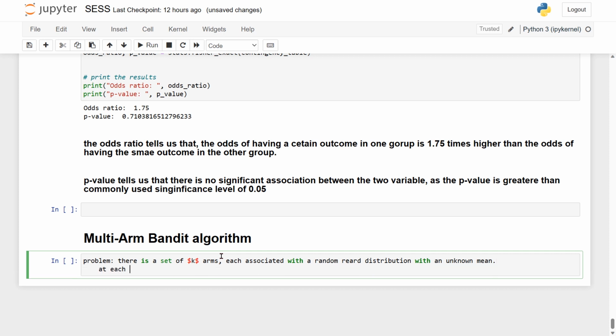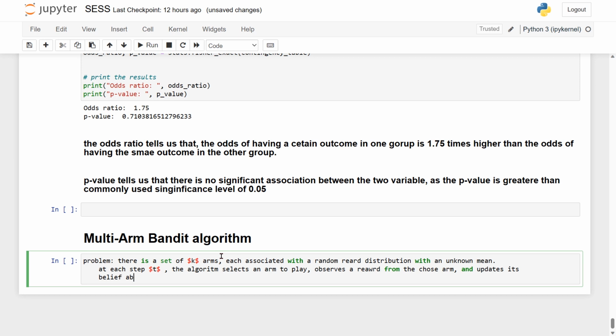At each step t, the algorithm selects an arm to play and observes a reward from the chosen arm, and updates its belief about the mean of the reward distribution of that arm.